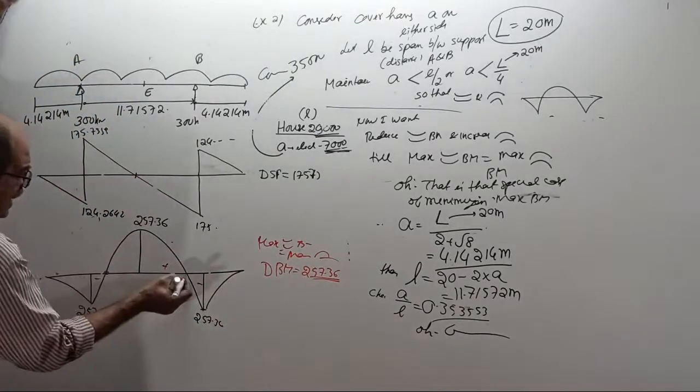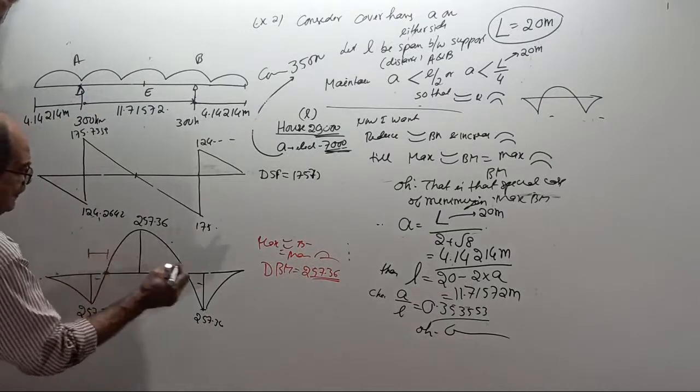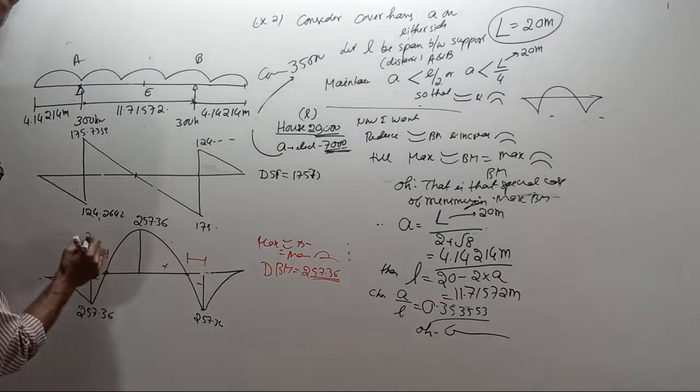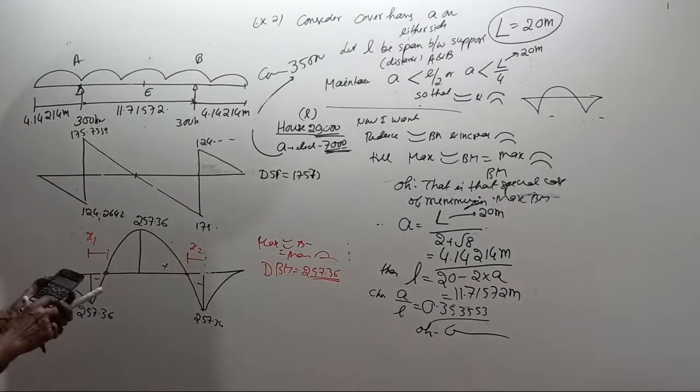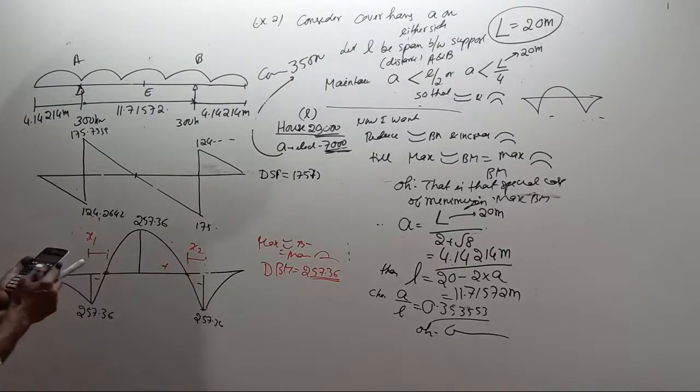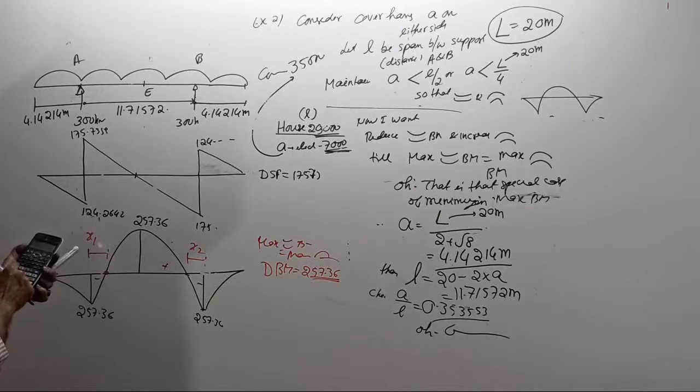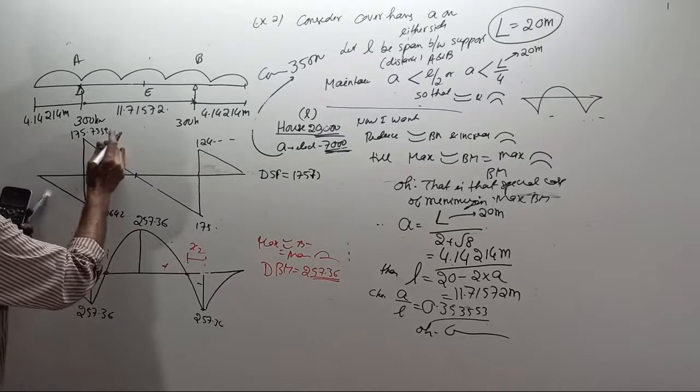Two counterflexure points will come. I told you they will move inwards. Now your x1, x2 will come. I will calculate, you try later. Is it 175 point? Because 4.14214 into 30 minus 300 is 175.7358.